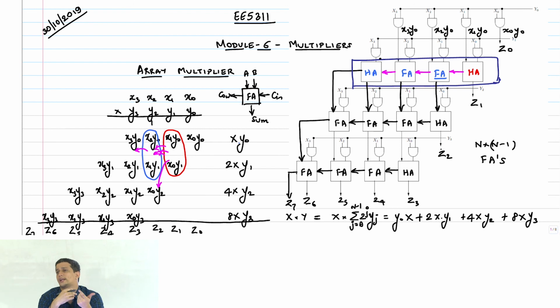Like for example 2x is just shifting left, right. You can exploit this in order to reduce the number of partial product additions, where for example if you treat this y3, y2, y1, y0 as a base 4 number as opposed to a base 2 number, then you will get only two partial products, but the kind of partial products that you have to generate will be different.